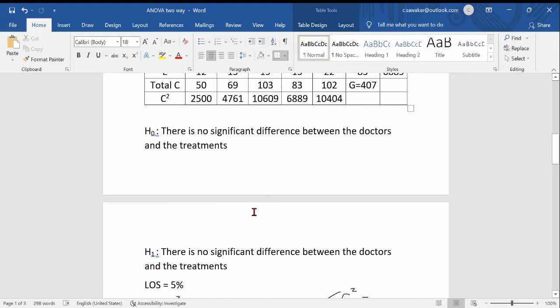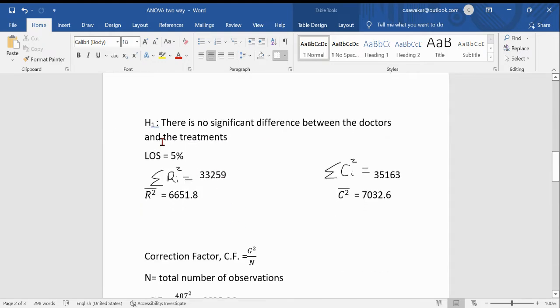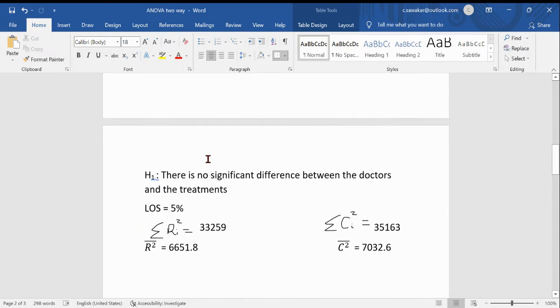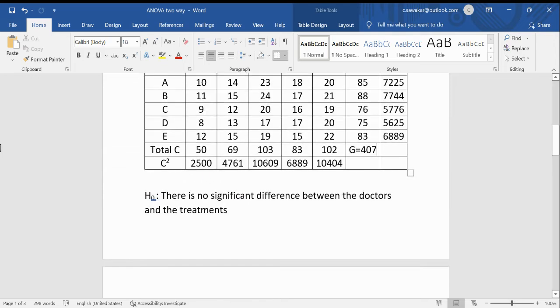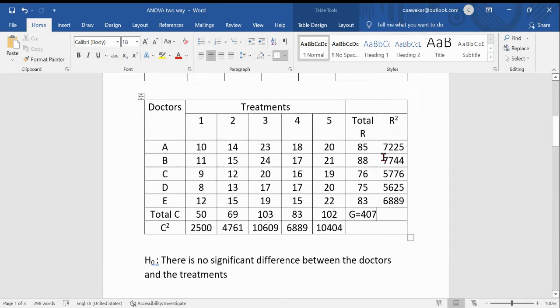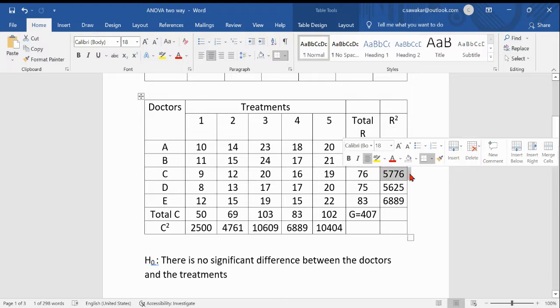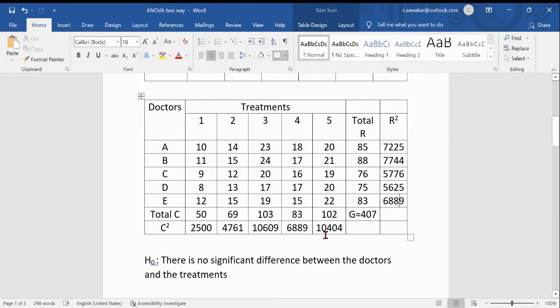Now, H0, H1 and the level of significance we have already covered. Now this R square column can be treated as R1 square, R2 square, R3 square, R4 square, R5 square. I need to find the mean of R square.